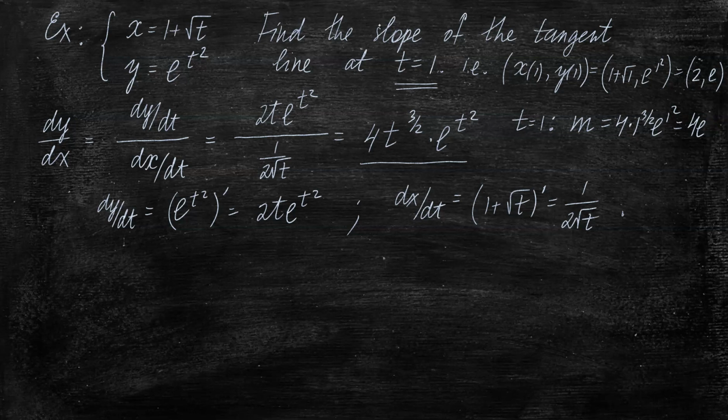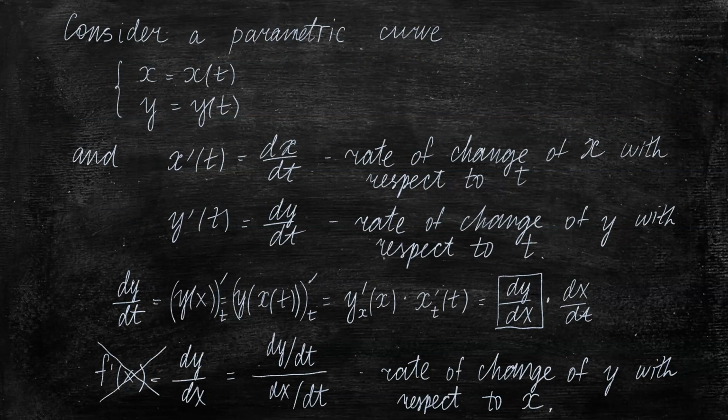Not squared, but rather just e, because 1 squared is 1, not 2. So this is the answer to this question using the formula for the derivative that we developed here.